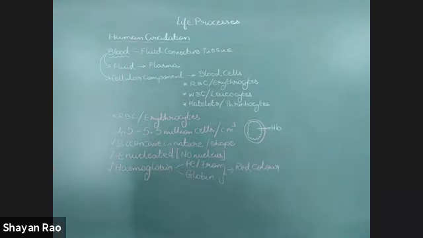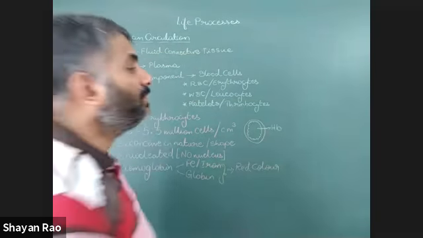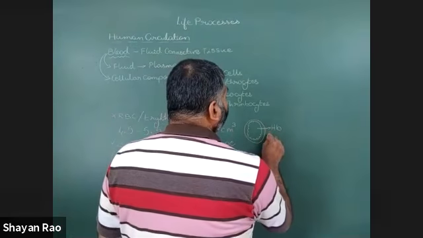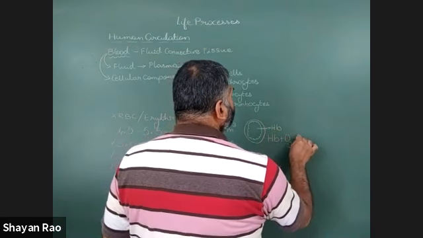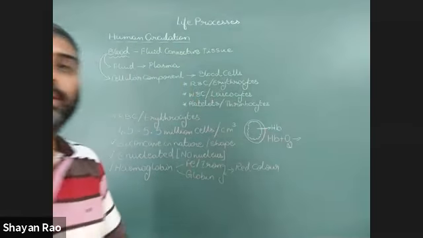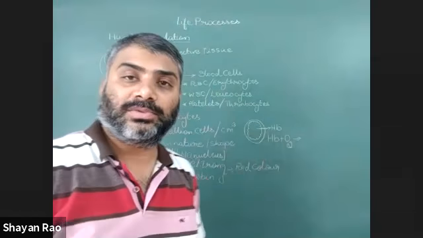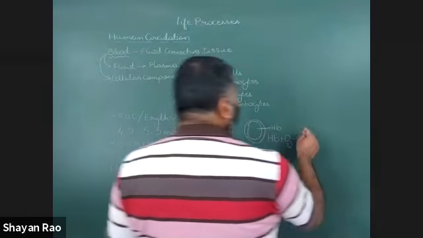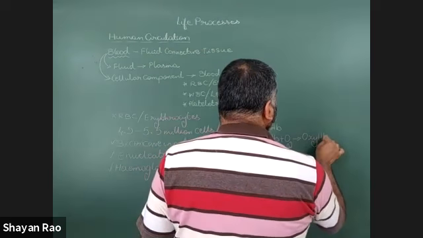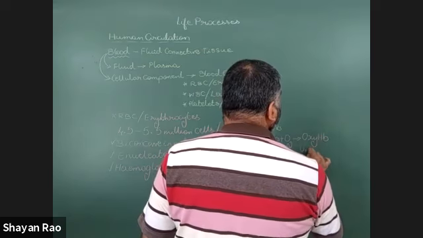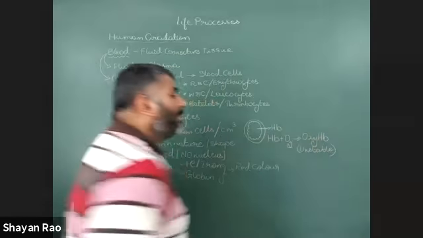And what's the importance of this hemoglobin? Hemoglobin performs one important function in the human body. Hemoglobin can react with oxygen. When it reacts with oxygen, it helps in carrying the oxygen to all parts of the body and becomes oxyhemoglobin, which is an unstable molecule.